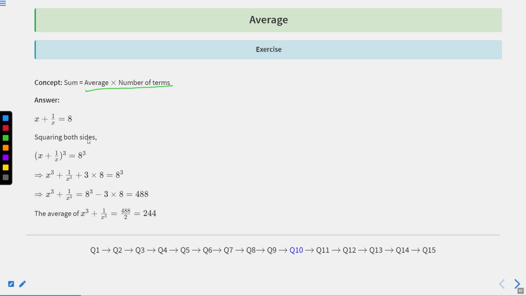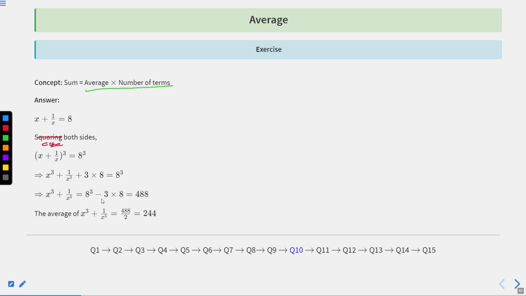So taking cube both sides, so we are not actually squaring here. So we are taking cube here. So it will be (x plus 1 upon x) whole cube equal to 8 cube. So x cube plus 1 upon x cube plus 3 into 8 will be equal to 8 cube.